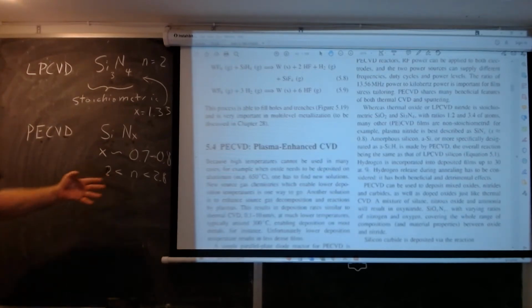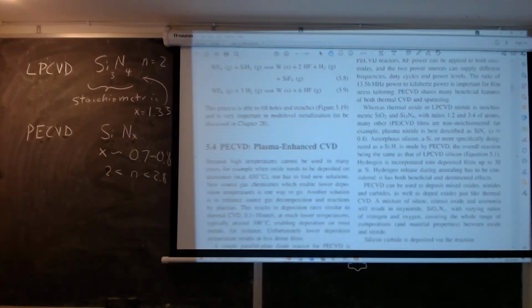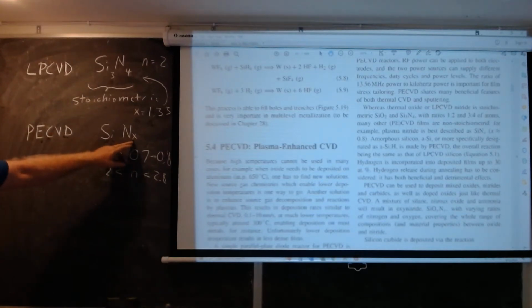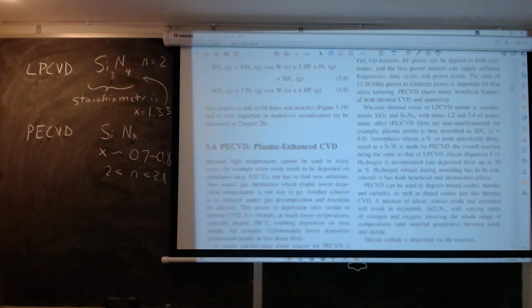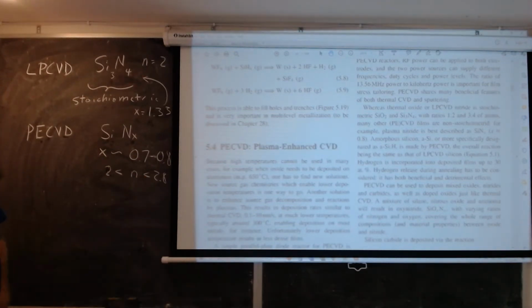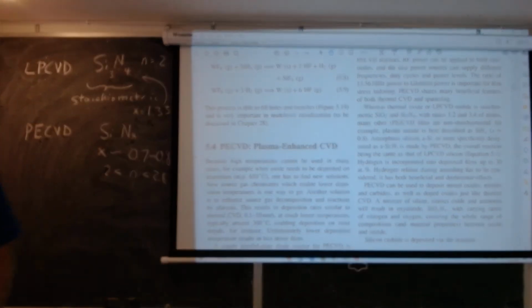Now, so that's nice that you can vary things with the silicon nitride. Unfortunately, it tends to come with a penalty, which is that as you make X much lower, the stress tends to be much higher, and so as you go to higher values of refractive index, you can get what's called cracking of the silicon nitride film.